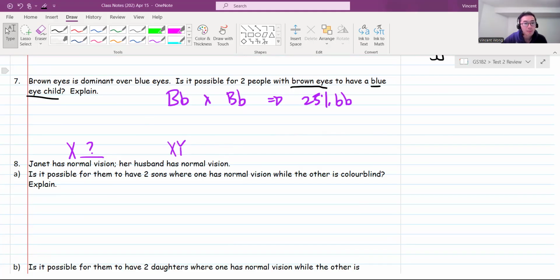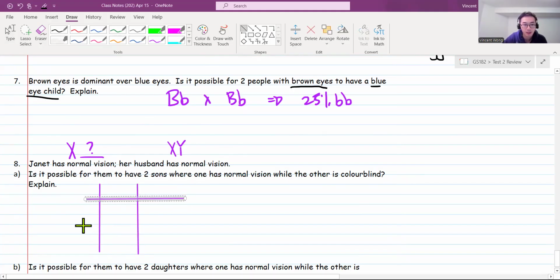We are asking, is it possible for them to have two sons where one has normal vision while the other is colorblind? Let's take a look. If Janet is homozygous normal vision, then nobody's going to be colorblind. Since the husband isn't colorblind, if one of the kids is colorblind, it has to come from Janet, right? So we have to assume Janet is X X^C.